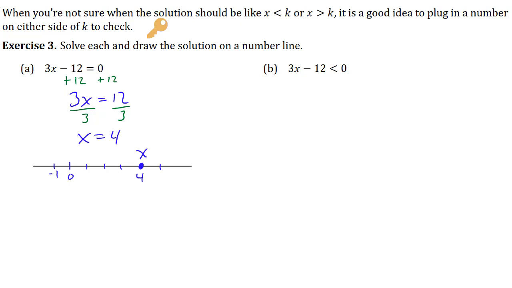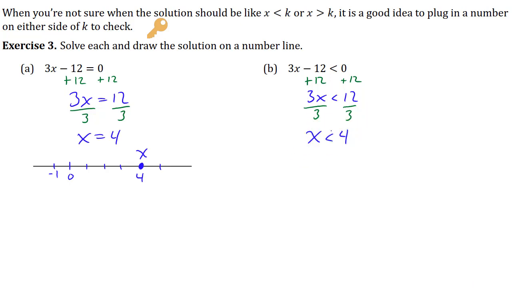what I wanted to emphasize here is that you can basically do the same steps to solve this inequality. It works exactly the same way. So if you just add 12 to both sides, you'll get 3x is less than 12. Divide everything by 3. You'll get x is less than 4.